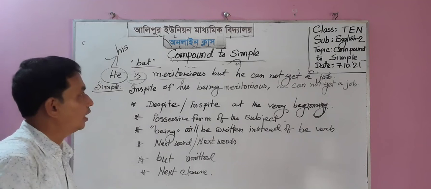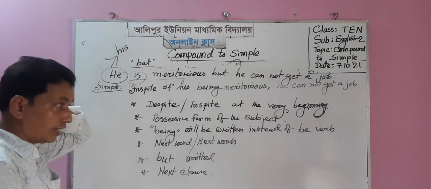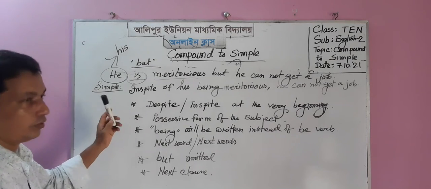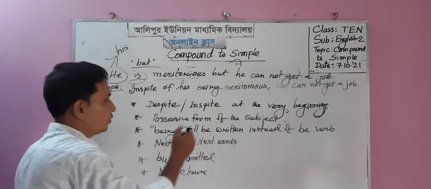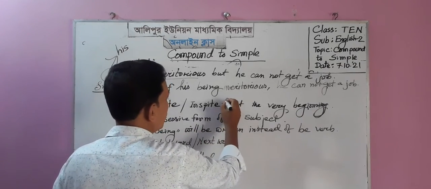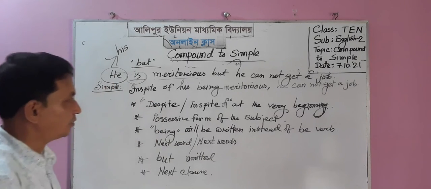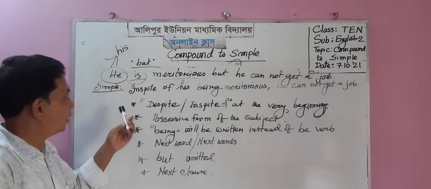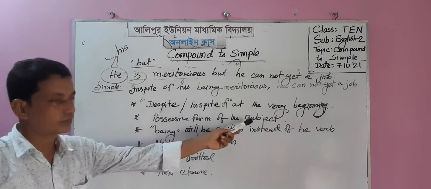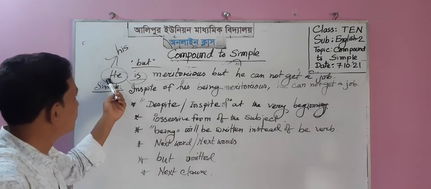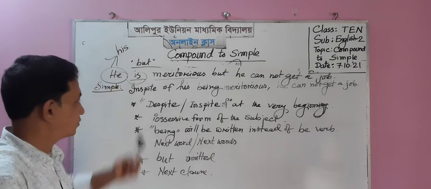Dear students, I have changed the compound sentence into a simple one. At first, we should write despite or in spite of at the very beginning. So we have to write in spite of, and then the possessive form of the subject. The subject here is he, and its possessive form is his.